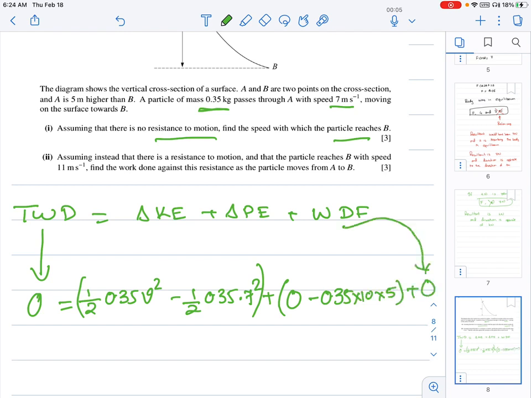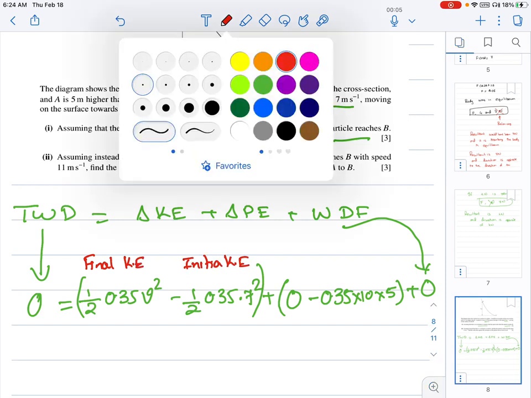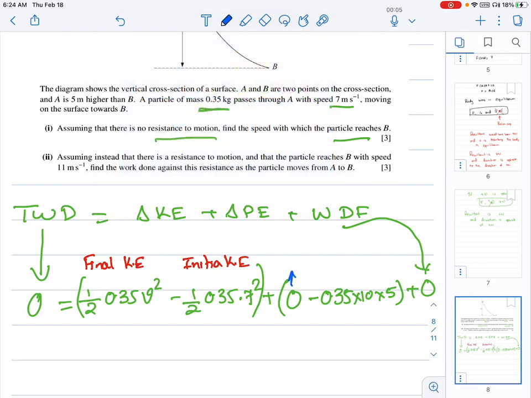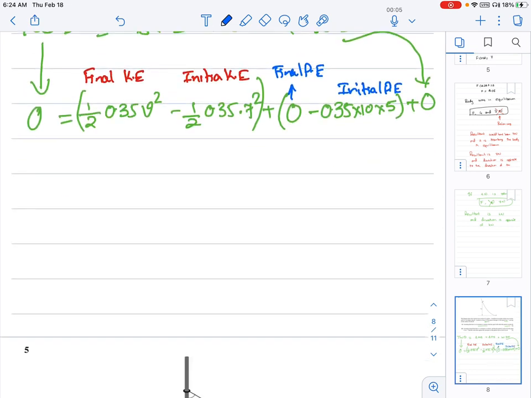Because there is no resistance, work done against friction is also equal to 0. So this is final kinetic energy, the next one was initial kinetic energy, this one was final potential energy, and this one is initial potential energy.